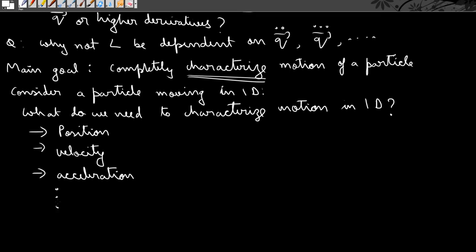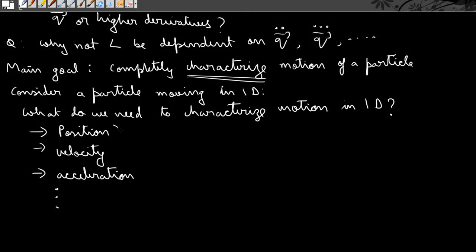You may keep listing out many different variables. But the question is, do we really need so many different quantities to characterize the motion of a particle? Or can it be characterized by knowing just a few of these quantities? Let us try to answer that question.